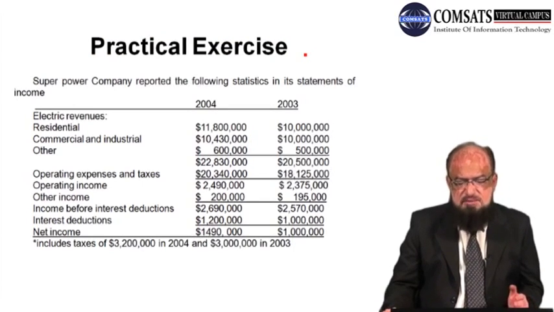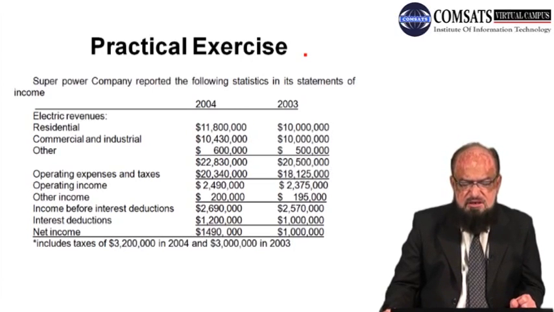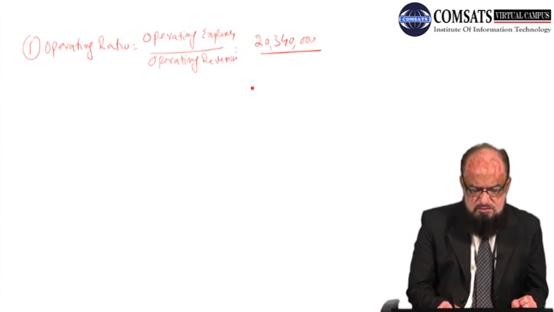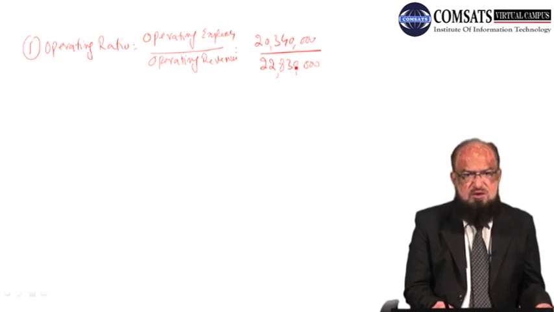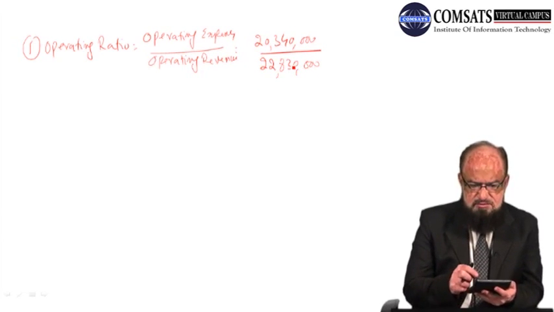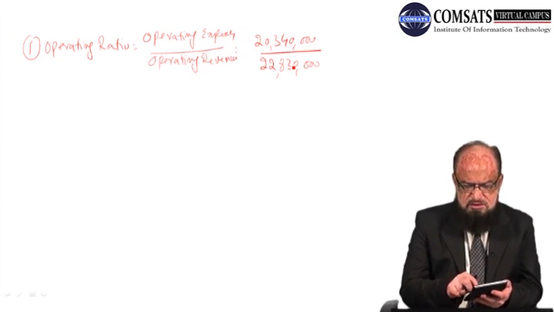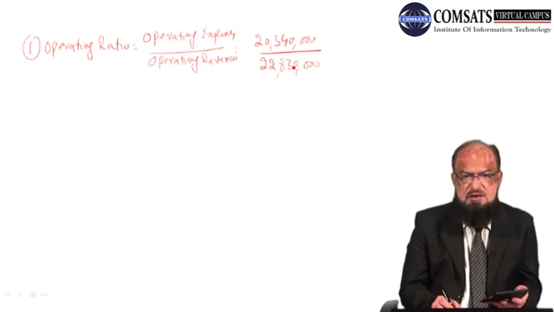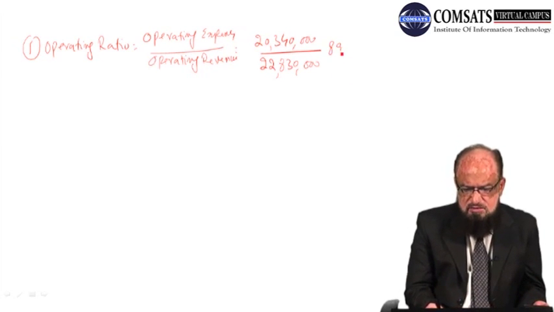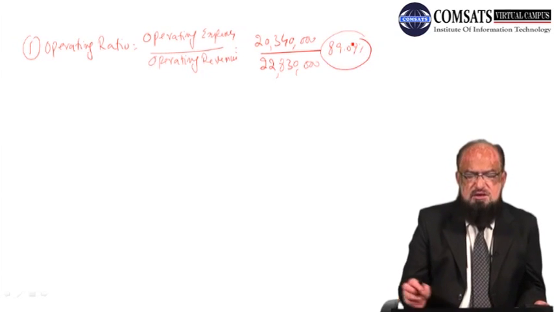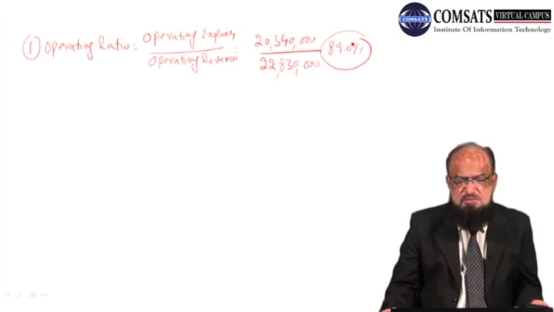If you look, it is 22.83 million, $22,830,000. You have a calculator, you can calculate it. 20,340,000 divided by 22,830,000 multiplied by 100 is 89.09%. The operating ratio is in front of you.